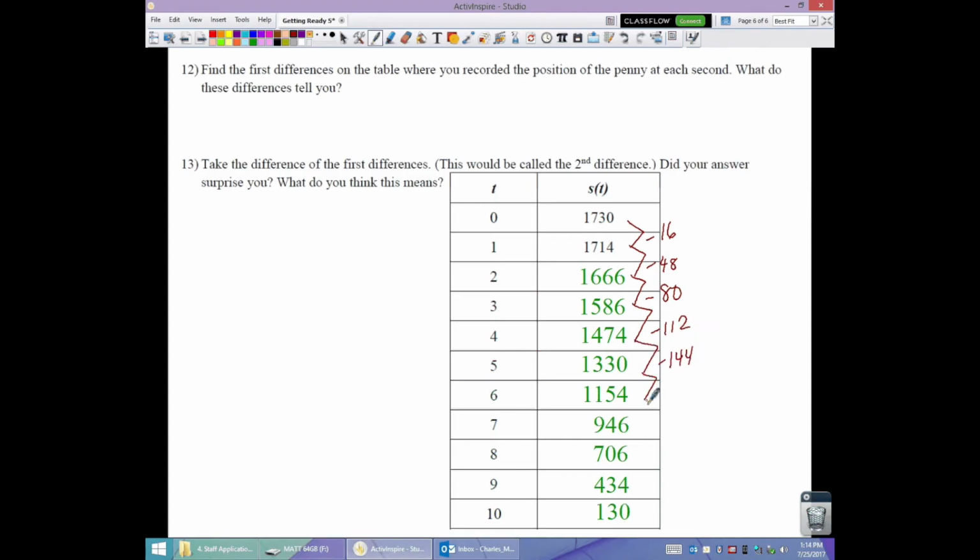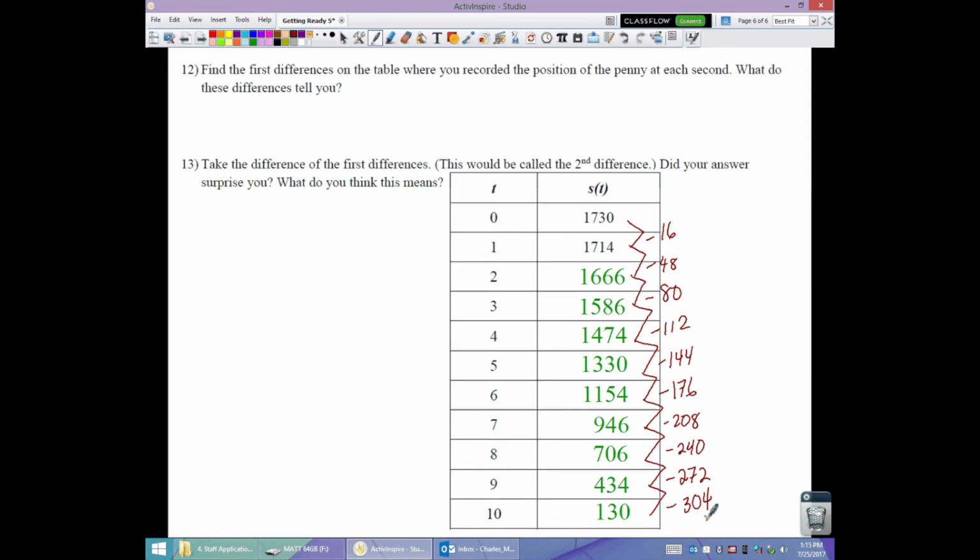And then it goes down another 176. And then the next first difference is 208. And the next one, -240. And the next one, -272. And then lastly, -304.